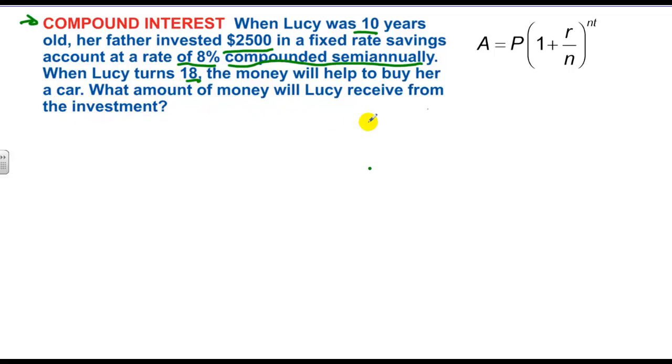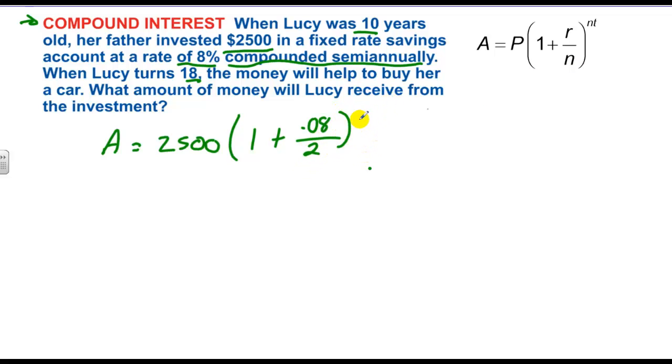And what amount will she get from the investment when she's 18? So we have an initial amount invested of $2,500. And we take 1 plus the rate, which is 8%, so that's 0.08. It's compounded semi-annually, so n corresponds to the number of times it's compounded in a year. Semi means 2, so twice.